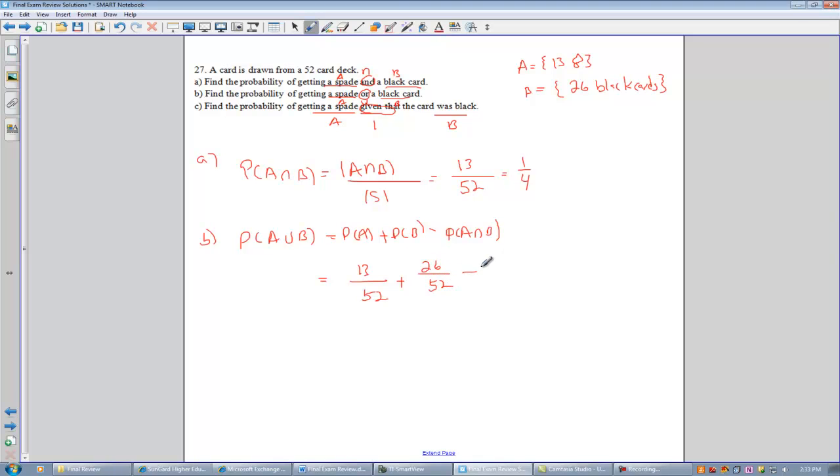And then minus their intersection, and I'm not going to use 1/4, I'm going to use 13 over 52. Which is equal to, the 13 over 52's cancel, and you're just going to get 26 over 52, which is equal to 1/2. Again, you could say up here, 25% of the time, and here you could say, 50% of the time.